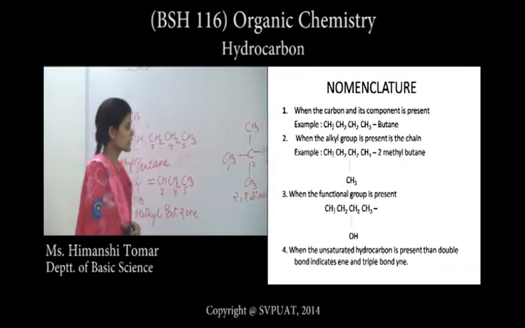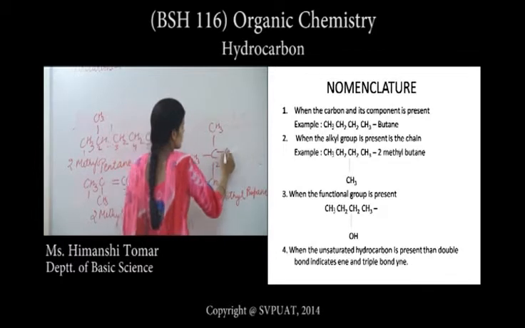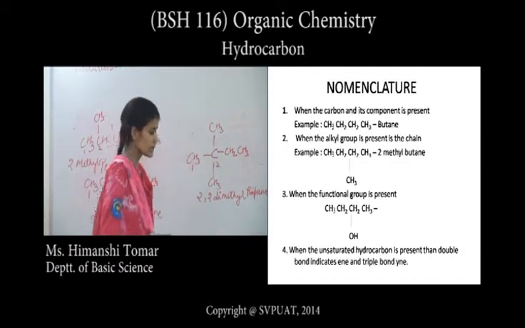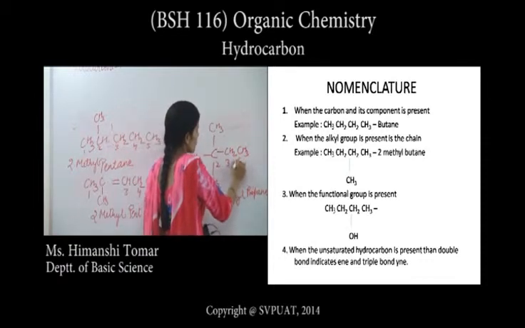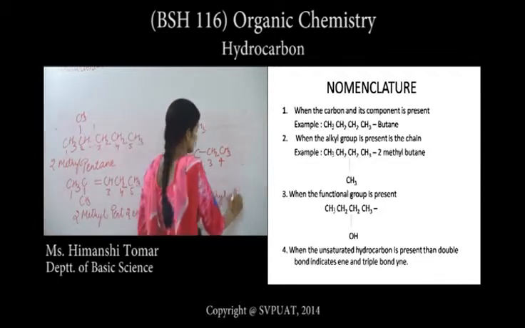If we have a chain like this, CH2, CH3, the name of this compound is 1, 2, 3, 4, 2,2-dimethylbutane.